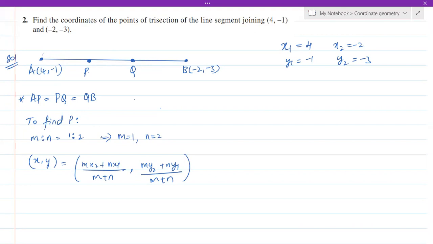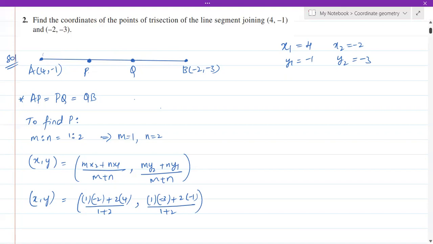Now that will be equal to x comma y. m value is 1, x2 value is -2, plus n value is 2, and x1 value is 4, divided by m plus n, so it will become 1 plus 2. Again m value is 1, y2 is -3, n is 2, y1 is -1, divided by 1 plus 2.